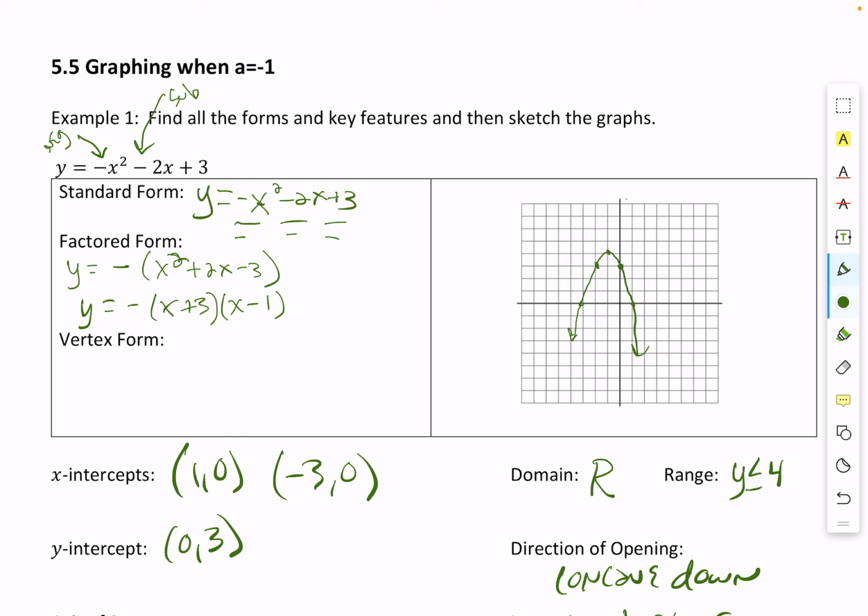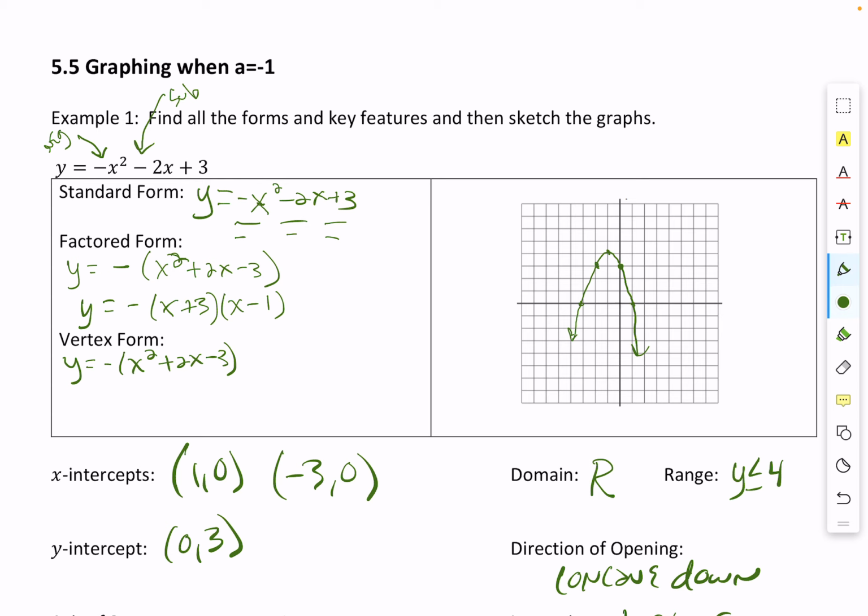Okay, here's the new one. We haven't done a vertex with a negative yet, so that's the new one we're going to do today. The first thing we're going to do, just like on the last problem, is take the negative out. So this is new, so make sure you're with me.